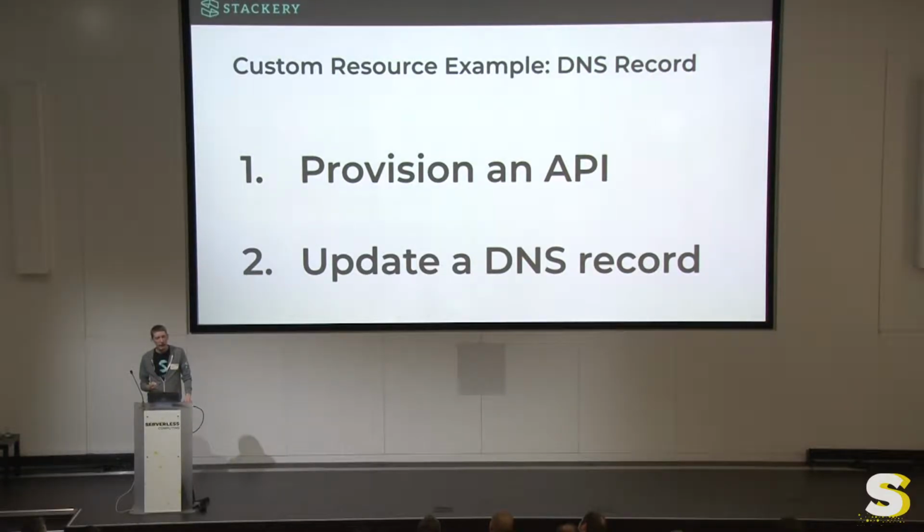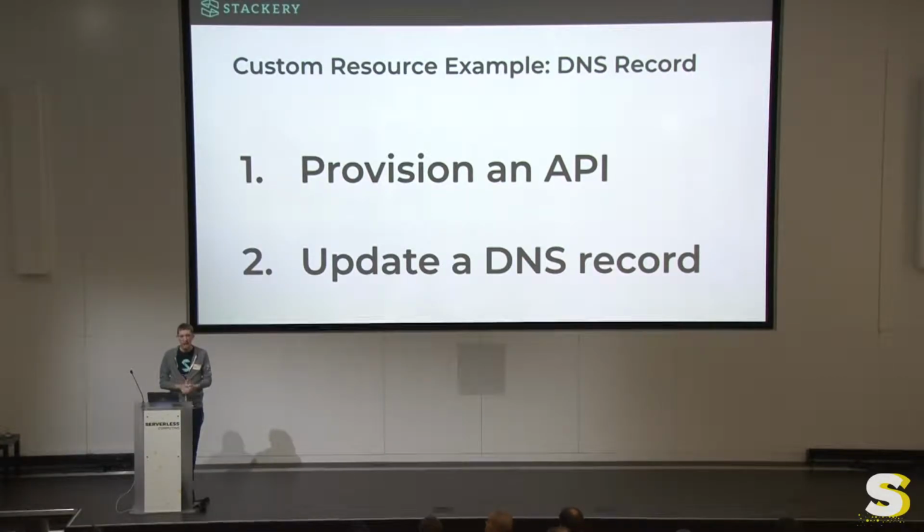Let's say that I've got a use case. I'm going to provision an API, and it's going to have a custom domain, and I need to then update a DNS record to have the CNAME mapping from my custom domain to that API Gateway API. Now, if you're running on Route 53 from AWS, that's very simple. There's a resource for that, no problem.